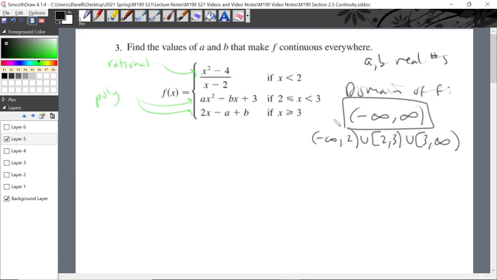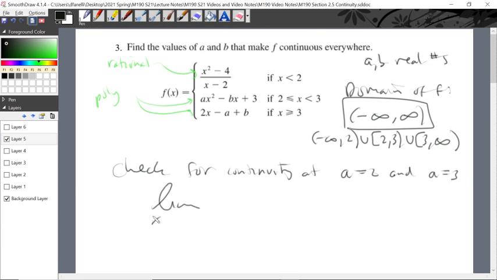Okay? And the only places, because these combinations are continuous on their entire domains, the only places where f can be discontinuous would be where there's a switch from one piece to another. Okay? So we're going to have to check for continuity at a equals 2 and at a is equal to 3.